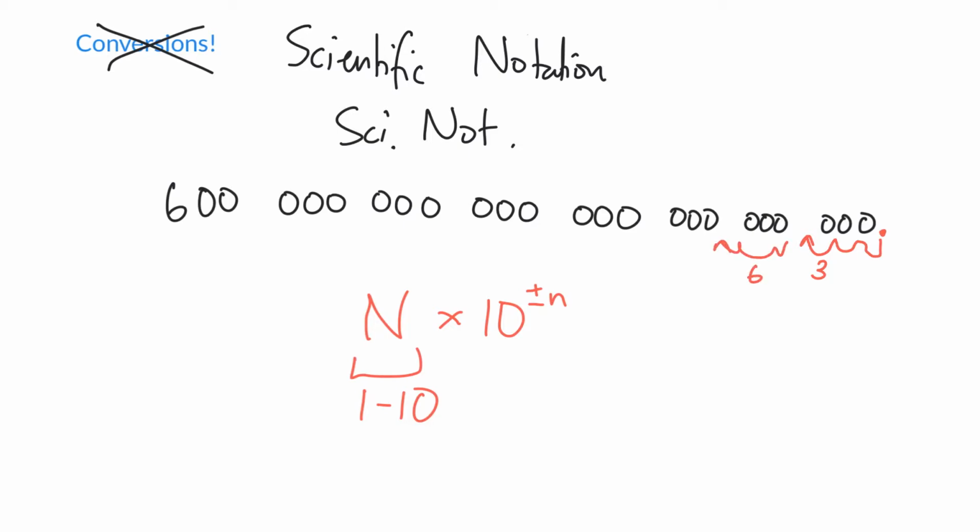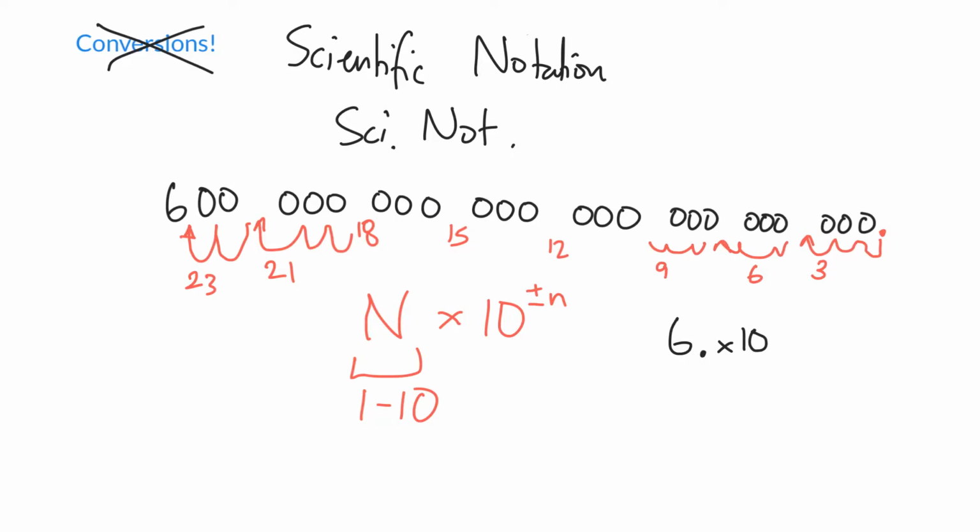So that's 3, that's 6, that's 9, 12, 15, 18, 19, 20, 21. That would give us 600. So 22, 23 would give us 6.0, or just 6.